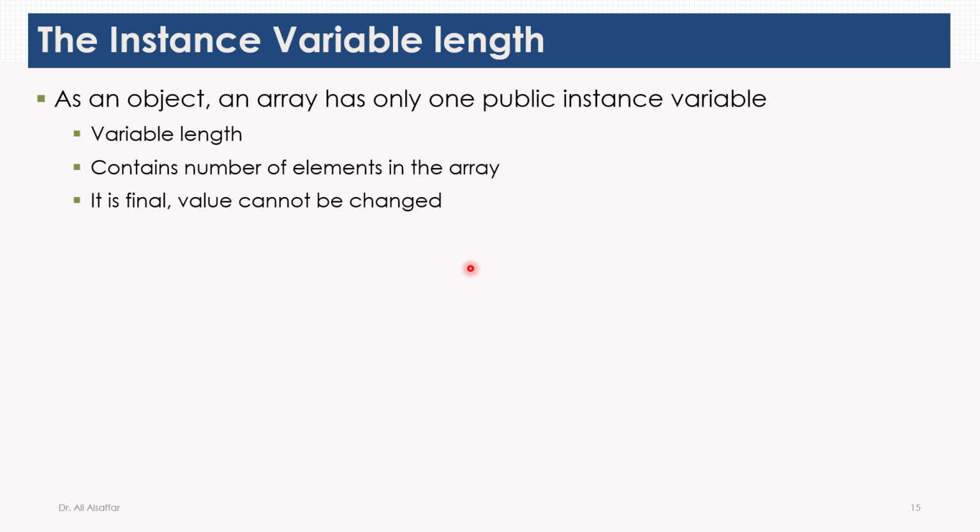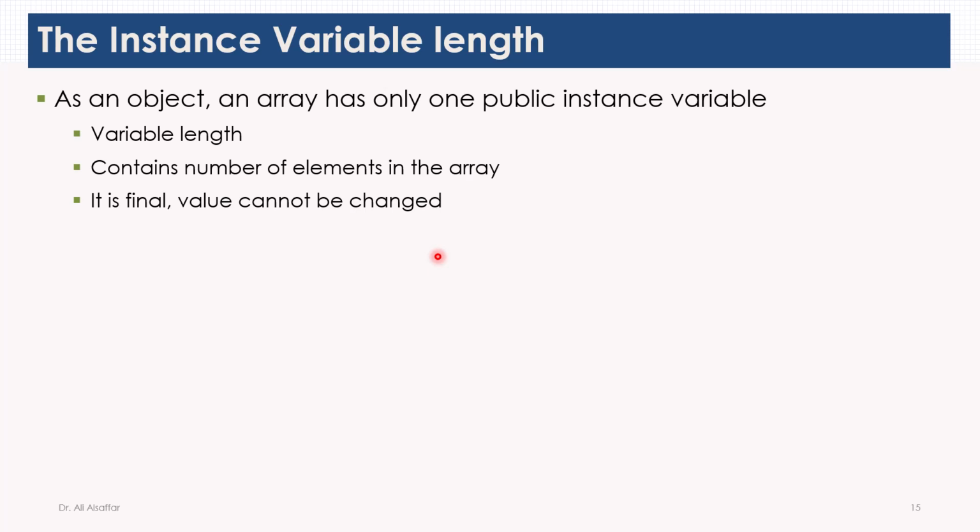This number represents the length, and in programming, whenever you want to refer to this number, you can refer to it by this public instance variable. It contains the number of elements in the array. This instance variable is final, that means it is constant and its value cannot be changed.